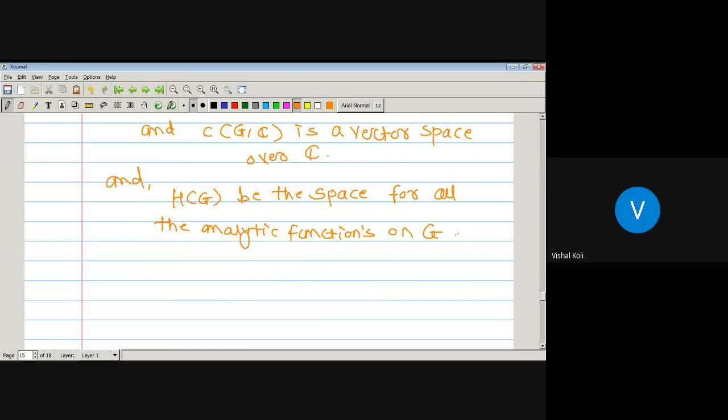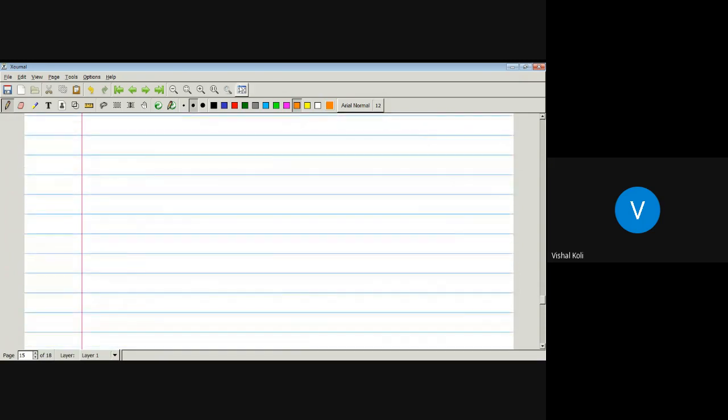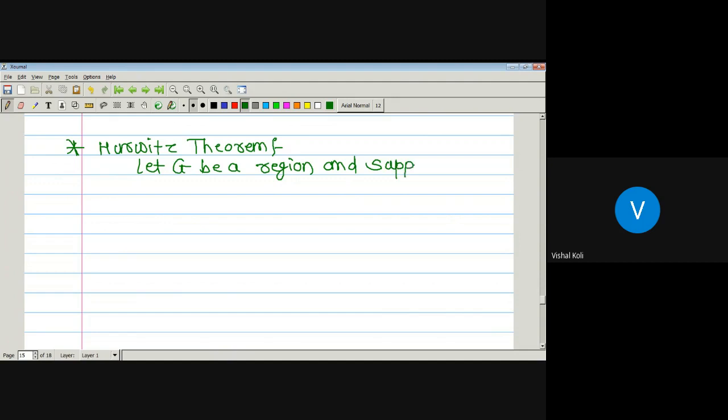Now, there is one theorem which is Hurwitz's theorem. See what Hurwitz's theorem is. Statement: let capital G be a region, and suppose the sequence Fn in H of G converges to a function f.